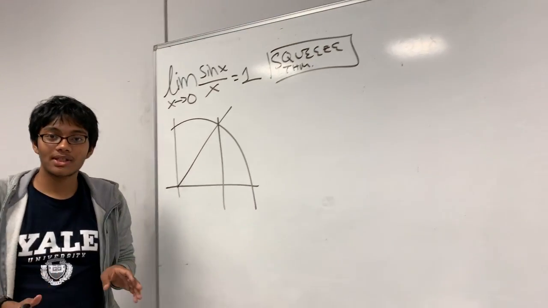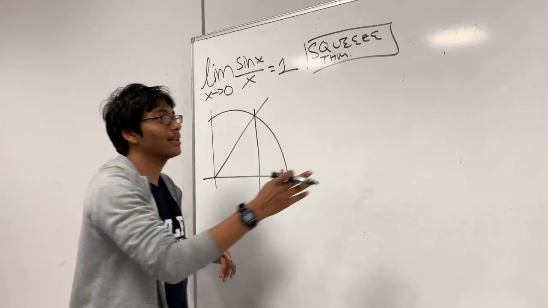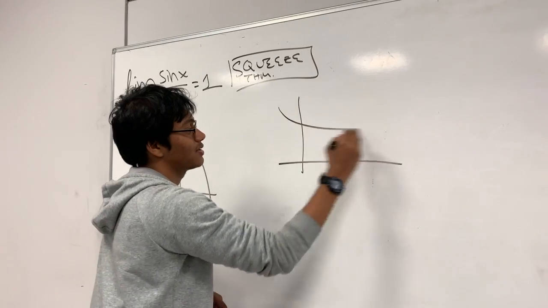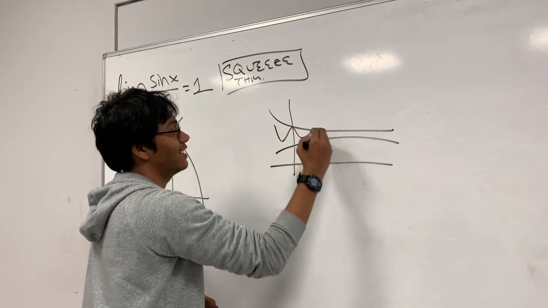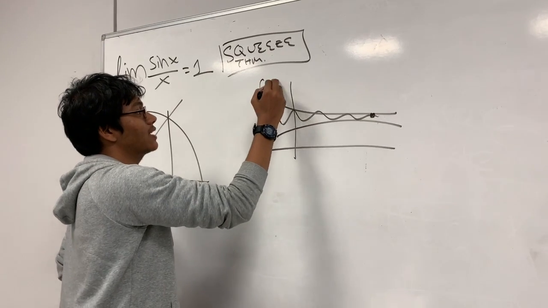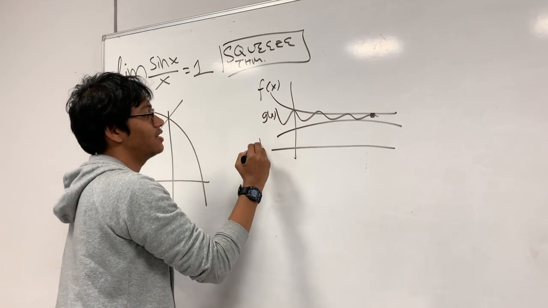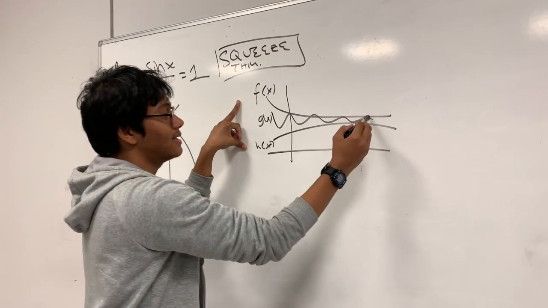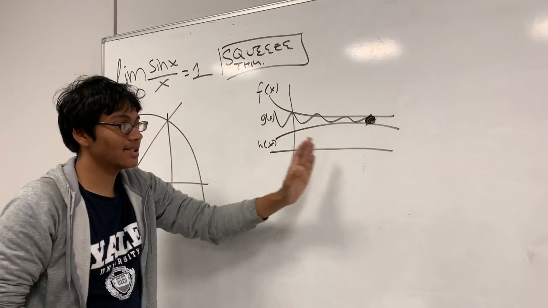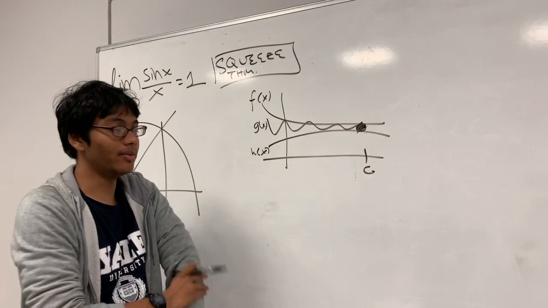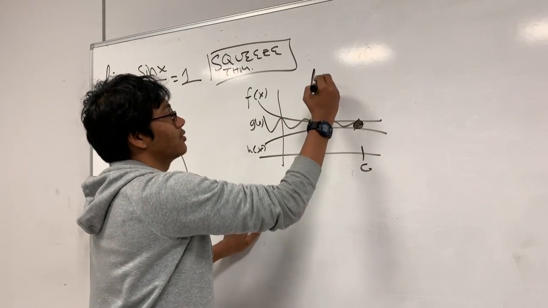Now, if you don't know what the squeeze theorem is yet, I'll give you a brief introduction. The squeeze theorem says that if you have three functions, f of x, g of x, and h of x, and f of x and h of x both approach the same limit as x approaches some constant c, then g of x will approach that same limit. So how do we express that in notation?